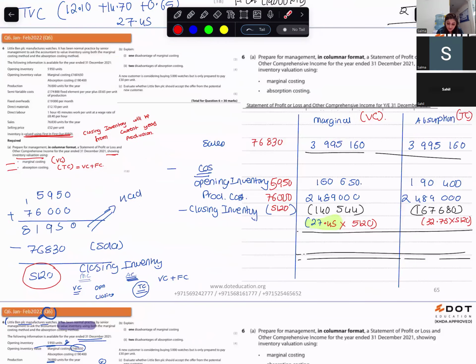Now, can you give me the cost of sales as per marginal costing and cost of sales as per absorption costing?